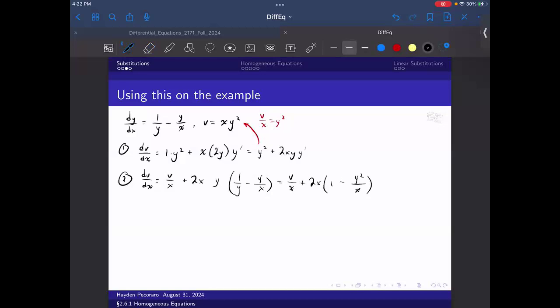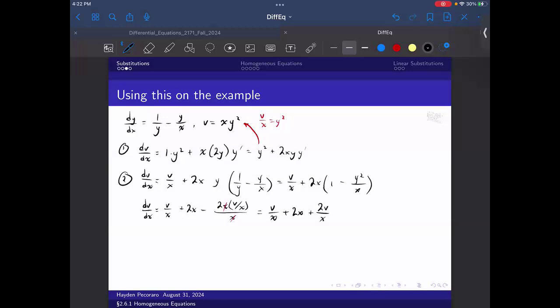So we get, finally, v over x here plus 2x minus 2x v over x over x. All right, we do some more canceling to get this. And so now we have something that hopefully we can solve.